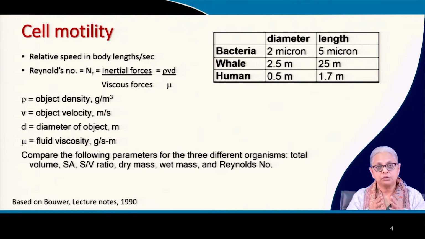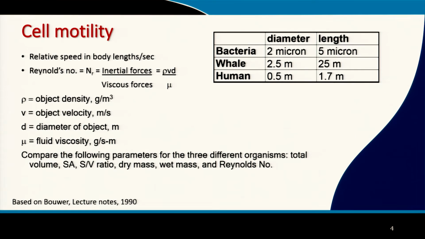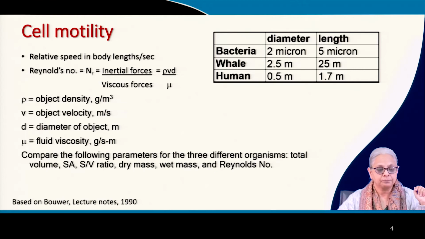So when you have a bacteria, you have microns. When you have whales, you have a few meters. So we see that humans have a length of more than 1 meter. So that is just to give us a sense of relative speed. Okay, so that is one parameter that is calculated over here.